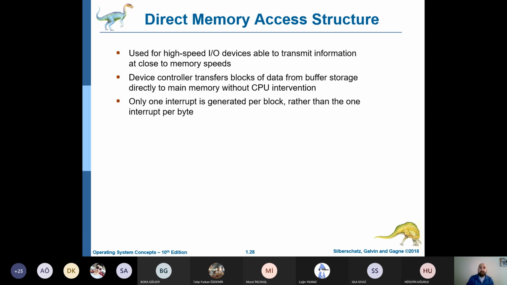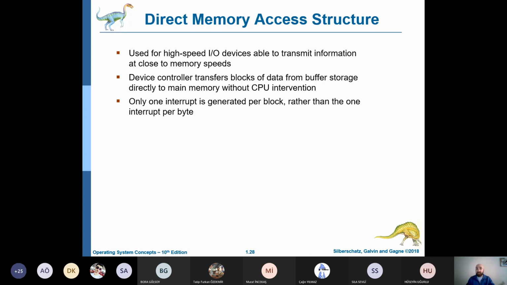Okay, I managed to finish transferring data. So that means only one interrupt is generated per block rather than one interrupt per byte. If you don't have direct memory access, that means your device has to create interrupts for every byte. Okay, I'm going to send a byte to memory, so I have to send that byte to the CPU and the CPU sends that byte to main memory.